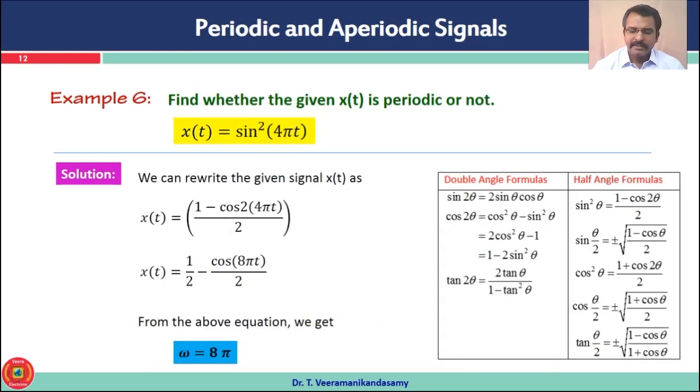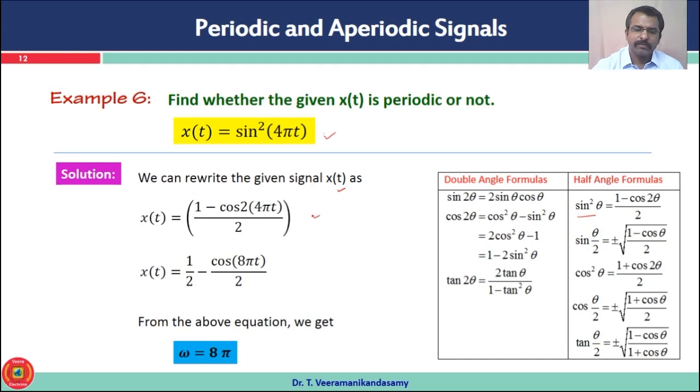Then example 6. Find whether the given signal x of t is periodic or not. The given x of t is sine squared 4 pi t. We can rewrite the given signal using the half angle formula: sine squared theta is equal to 1 minus cos 2 theta by 2.